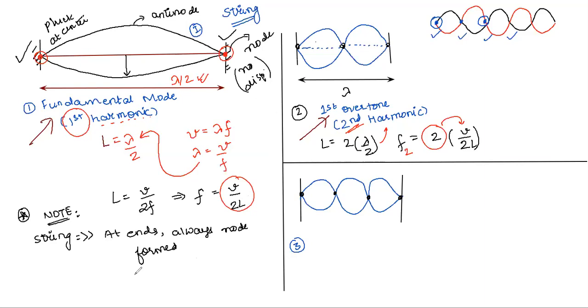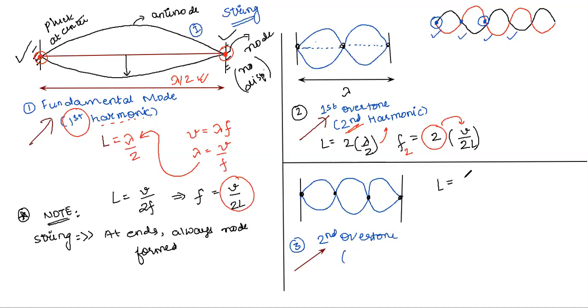Always the first one is called the fundamental. The second one is called the first overtone. The third one is called the second overtone. Now, what about the harmonic? Let's try it out and get the answer. So here, Karuna, can you tell me what the length is equal to?